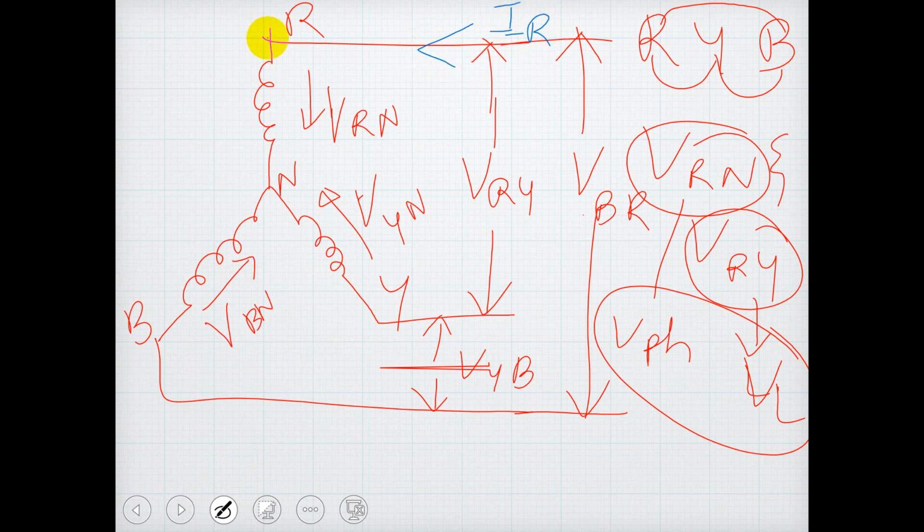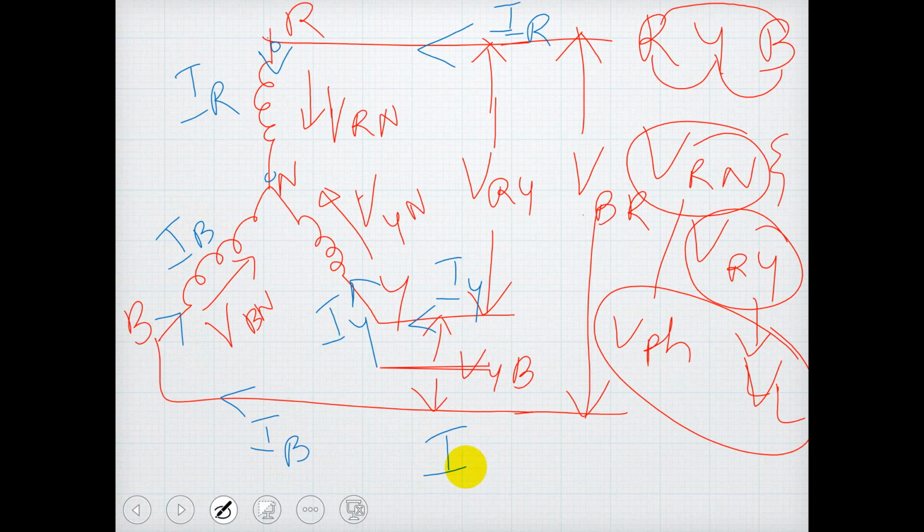The same current enters this node and flows in this winding, the same current IR. Similarly, the line current IY enters here, and the line current IB enters this winding. Correct. So if you observe this, the line currents are the same as the phase currents.